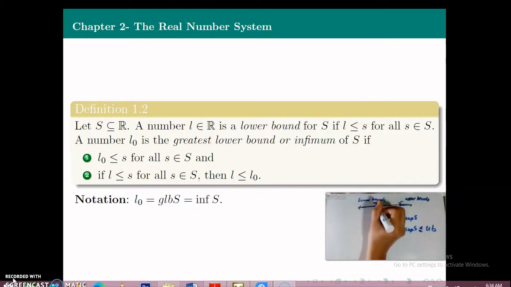So in our notation, based on the definition, we have L sub 0, this is the infimum of S. And note again that the infimum of S is always greater than or equal to the lower bound, because the infimum is the greatest among all the lower bounds of S.